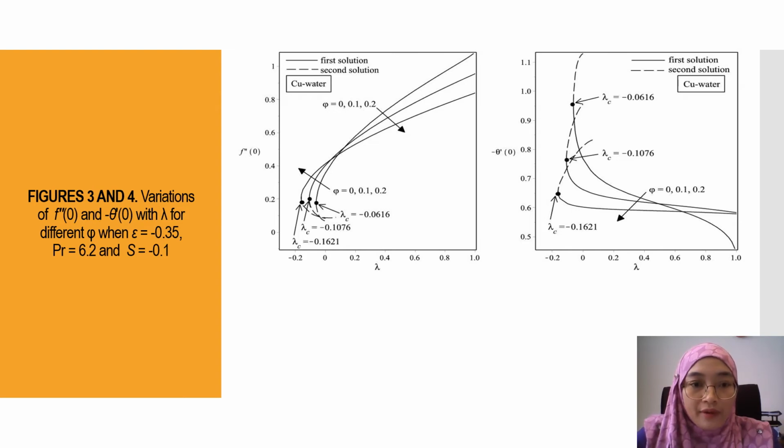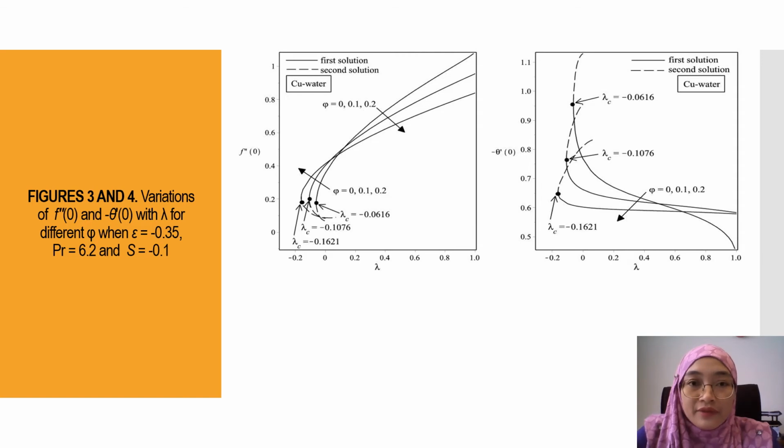Figures 3 and 4 represent the variation of skin friction coefficient and local Nusselt number respectively with mixed convection parameter λ for different nanoparticle volume fraction φ. For copper water base, we notice that the value of skin friction coefficient in figure 3 increases when λ increases. Meanwhile, the opposite effect is observed in figure 4.